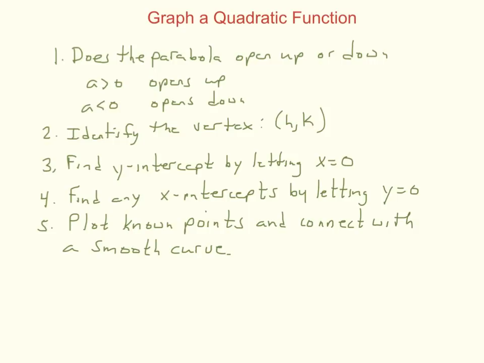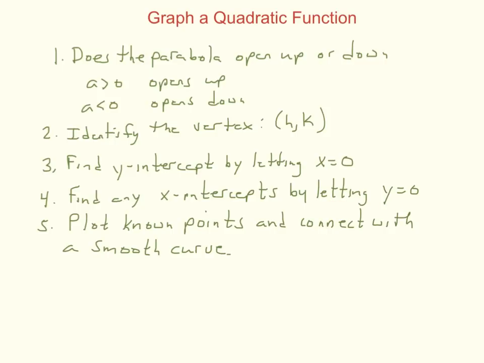And if there are no other points that we're looking for, we would just be able to use the idea of the axis of symmetry and the vertex to come up with the graph of that parabola. The fourth thing we have to do is find any x-intercepts by letting y equal 0.